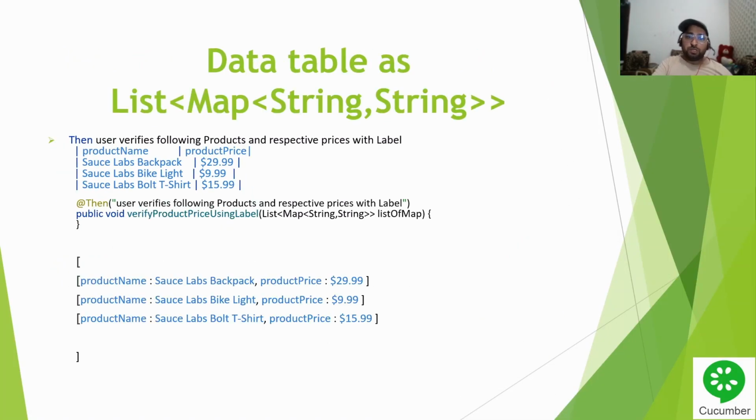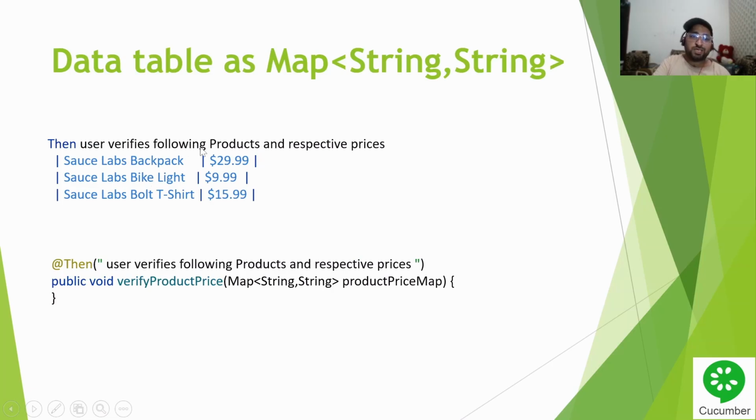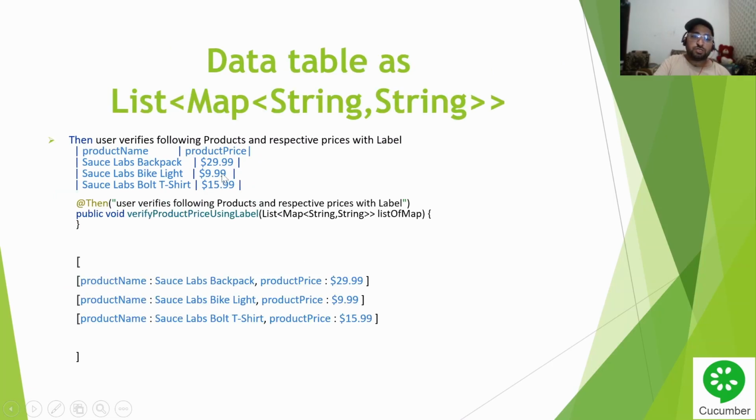Now for example, instead of passing it like this, let us say we want to maintain the map in such a way that the first row is the label, the key, and the second, third, fourth rows are the values. So in this case the first row and second row will constitute one map, the first row and third row will constitute another map, and the first row and fourth row will constitute another map, right?